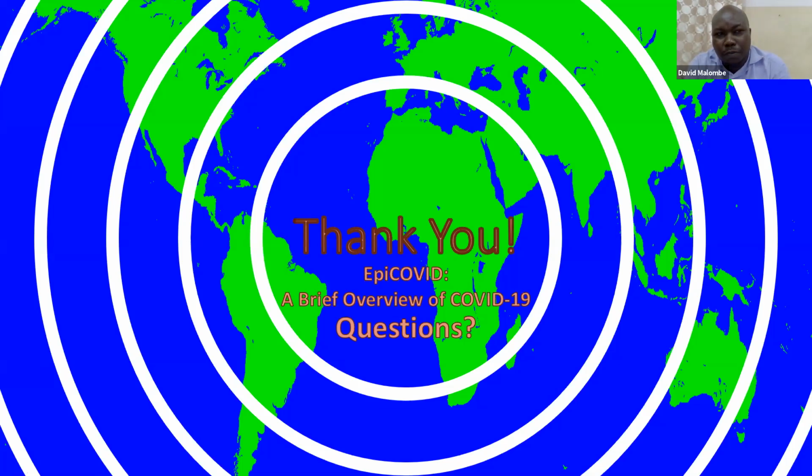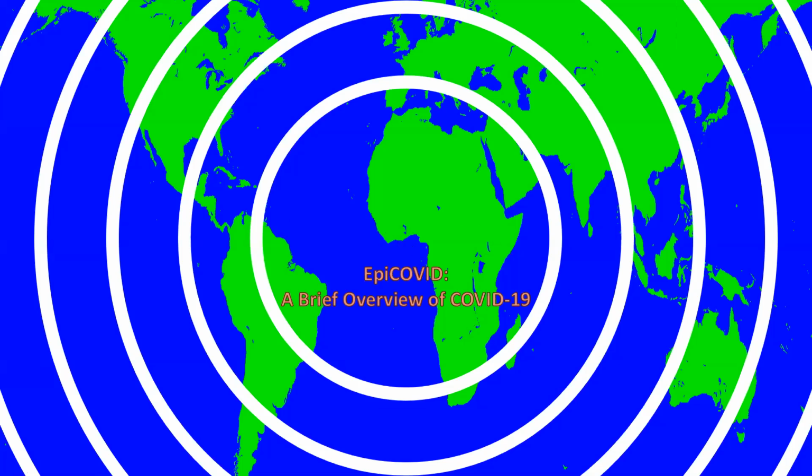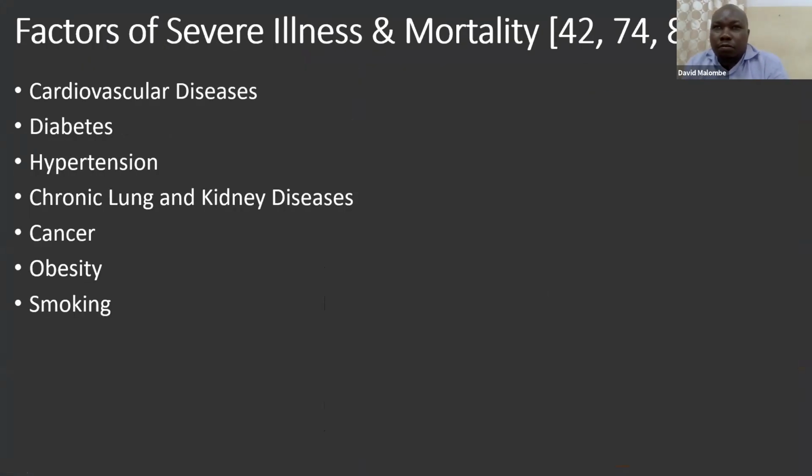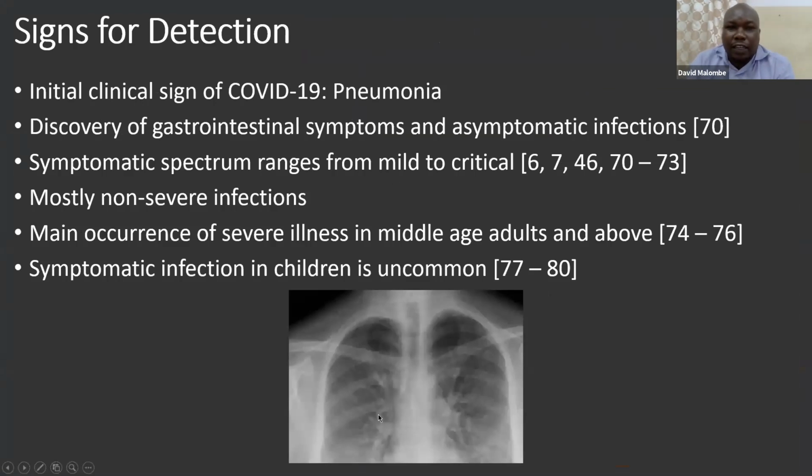As in, the early clinical sign is pneumonia. So if I can use images of X-rays to detect pneumonia, can I use X-ray images to differentiate between pneumonia and COVID-19?